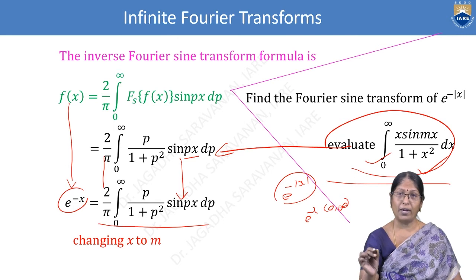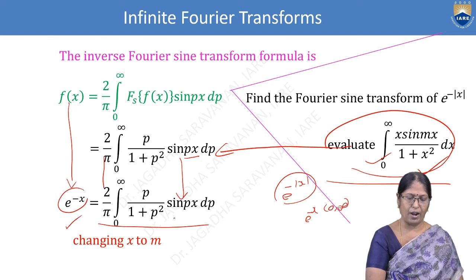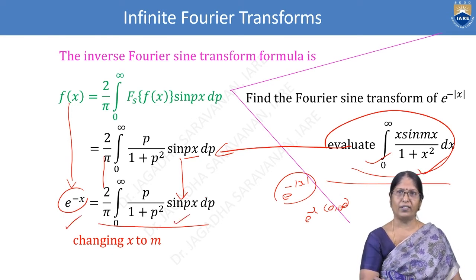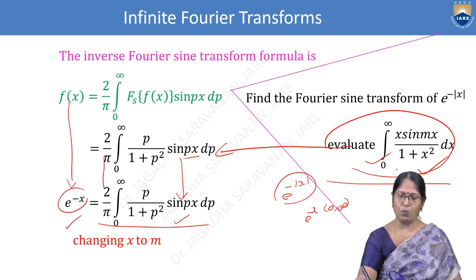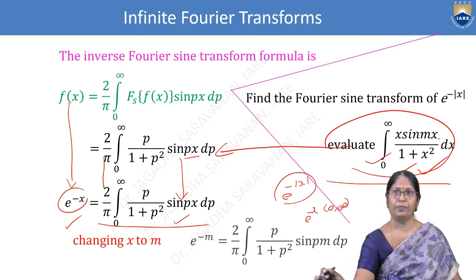But mathematically, for it to be correct, whatever changes we do must be done on both left and right sides, then it will balance the equation. So on both sides, wherever x is there, we will change it into m, only to get the answer for this integral.